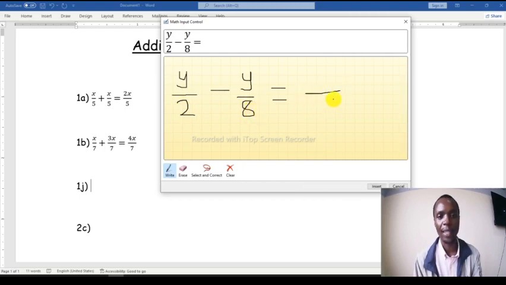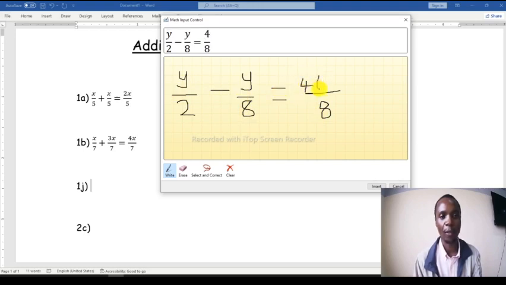So we maintain this 8. Then 2 into 8, we get 4. 4 times y gives us 4y.